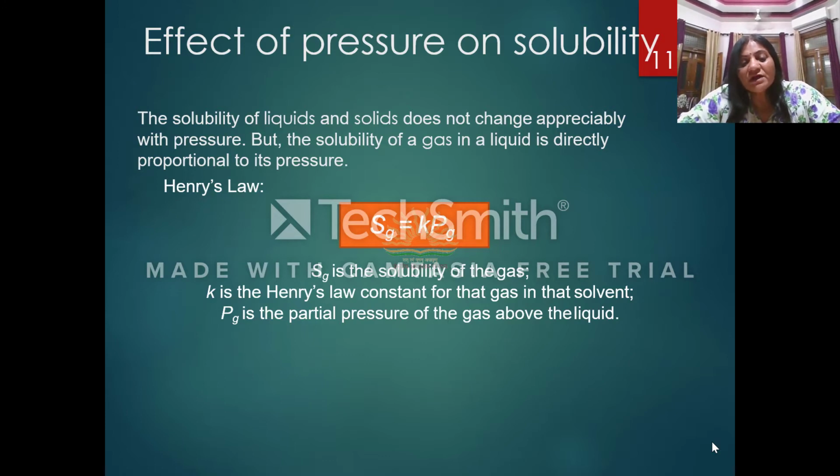For the proportionality we have a constant, that constant is K. So the equation of Henry's law is Sg equals K Pg. Sg is the solubility of the gas, K is the Henry's law constant or proportionality constant for that solvent, and Pg is the partial pressure of the gas above the liquid.